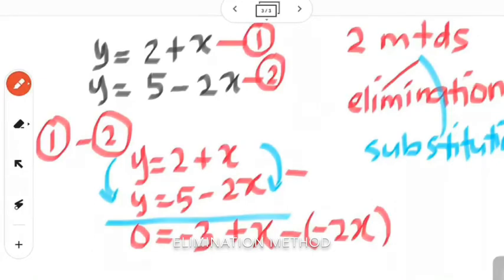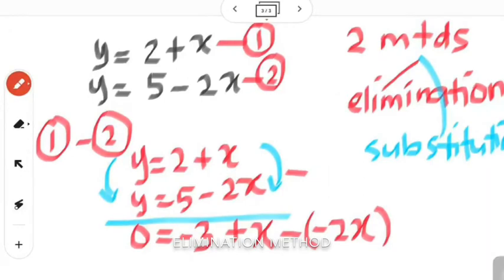The operation is minus, but we have to minus this. So it's written twice like this. Minus negative 2x. Be careful here. Sini selalu pelajar buat mistake ya. Okay, be careful. Lepas tu kita bolehlah selesaikan.